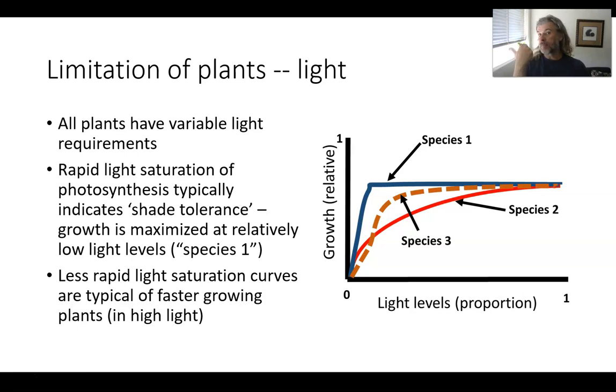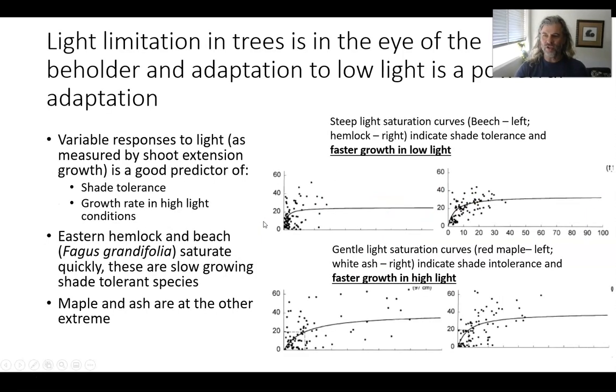This figure is misleading in one way, and that's that the growth maximizes at the same level for all of them. In reality, trees don't do this. Different trees have different peak levels of growth. In particular, I don't want you to misunderstand shade tolerance: it's oftentimes a trade-off.